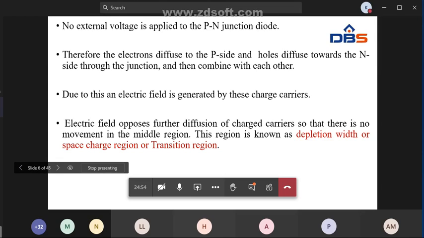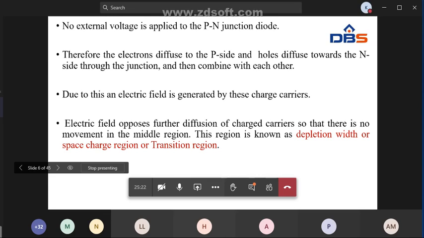See here, there is no external voltage applied to the p-n junction diode. Therefore, the electrons diffuse to the p side and holes diffuse towards the n side through the junction and then combine with each other. Due to this, an electric field is generated by these charge carriers, right? This electric field opposes further diffusion of charge carriers so that there is no movement in the middle region.